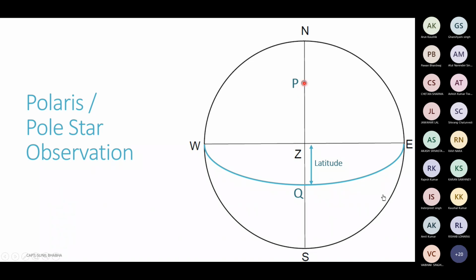Now with the pole visible in our diagram, let's concentrate our attention on arc NP. N represents the north point of the observer's horizon. N point is on the rational horizon, and P point represents the celestial pole, north celestial pole.